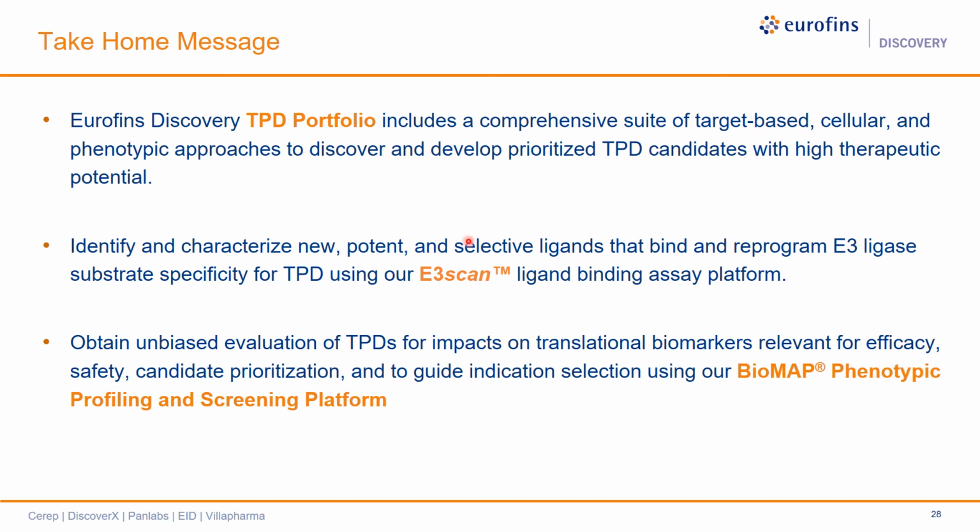Our E3 scan ligand binding platform can identify and characterize new, potent, and selective ligands that bind and reprogram E3 ligase substrate specificity. Our BioMAP phenotypic profiling and screening platform facilitates unbiased evaluation of targeted protein degraders or other compounds for impacts on translational biomarkers relevant for efficacy, safety, candidate prioritization, and guidance on indication selection.